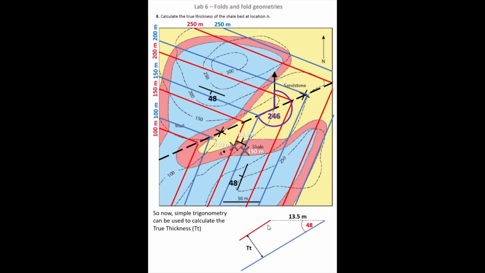And for the same height, 150 meters, where they're both equal to 150 meters, the horizontal distance between them is going to be 13.5 meters. So what I'm interested in now, looking at my sketch, is the true thickness, the perpendicular thickness between the top and the bottom contact. I don't want the vertical thickness or the horizontal thickness. I want the true thickness, which you measure perpendicular to the contacts.